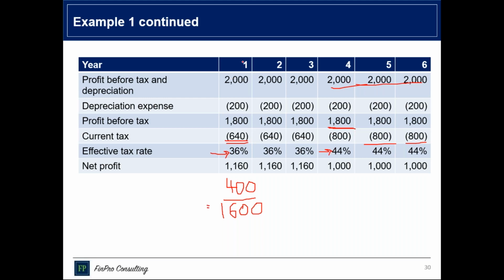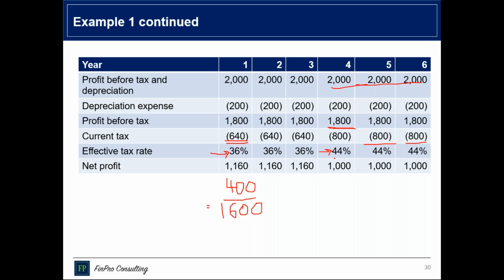Now if you see all these 6 years, my effective tax rate nowhere matches with my statutory tax rate, which is the 40%, which is against the principle of accrual system of accounting. So accrual system of accounting says that your total taxes should be based on the percentage of tax rate.